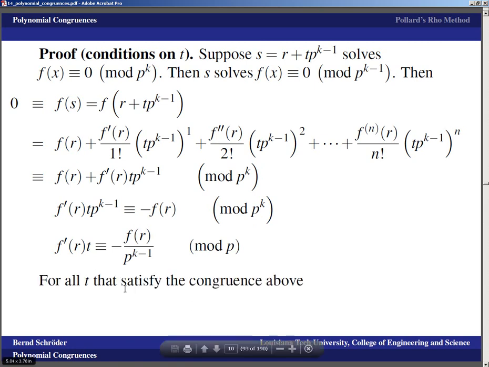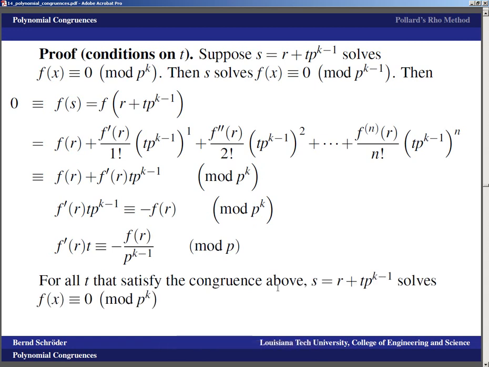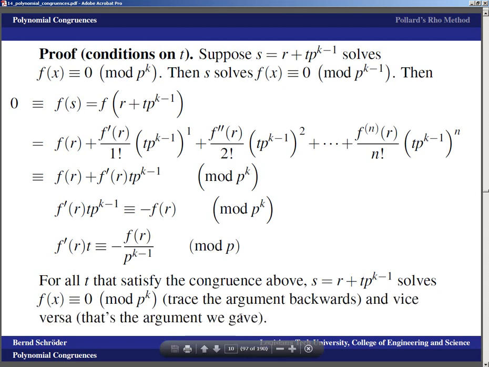Okay, for all t that satisfies this congruence above, we have that s equals r plus t times p to the k minus 1 will solve the congruence modulo the power p to the k, and that basically would be that we just trace the argument backwards, go bottom up, but all the steps are allowed, and vice versa, and that's how we gave the argument. If we have a t so that all this stuff works out, then t must satisfy this thing here.